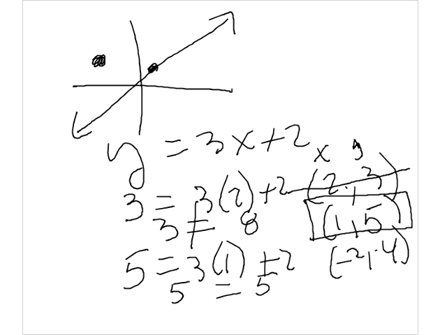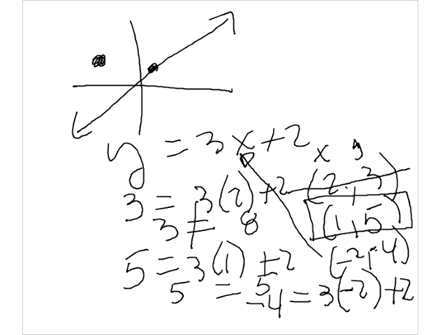Okay, the last one, let's plug in negative 4, negative 2, and see if that makes a true statement. Does negative 4 equal 3 times negative 2 plus 2? I'm plugging all of these, of course, back into this same original equation they gave us. And so we're asking, does minus 4 equal minus 6 plus 2? And minus 6 plus 2 is minus 4, so minus 4, of course, equals minus 4.